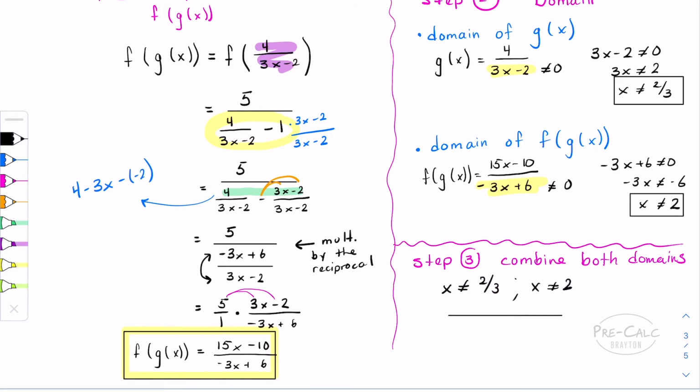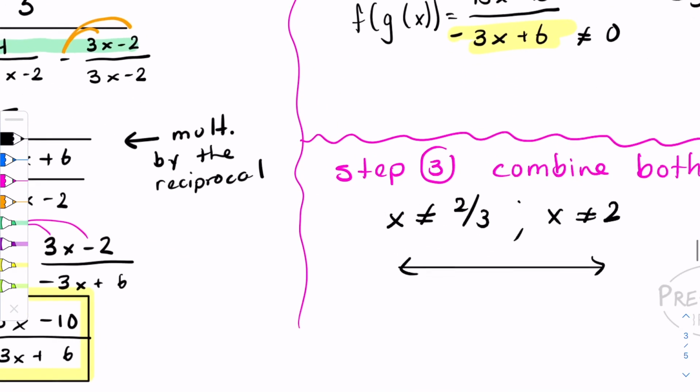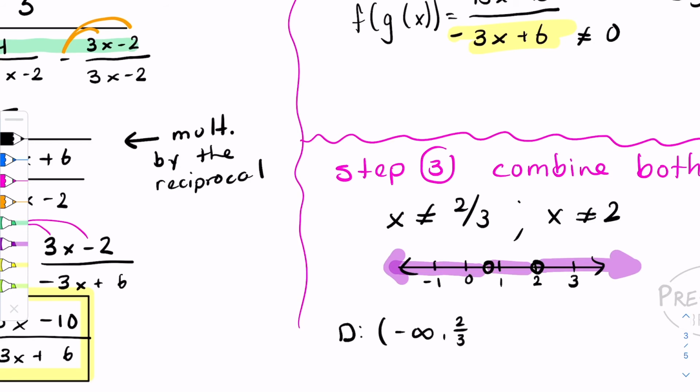So on a quick number line, we know that x cannot equal 2/3, which is right here. We know that x cannot equal 2, which is right there. x can be anything in between. To write our domain for this function, we have all values of negative infinity to 2/3. We're excluding 2/3, so from 2/3 to 2, where we exclude 2, and then from 2 to positive infinity.